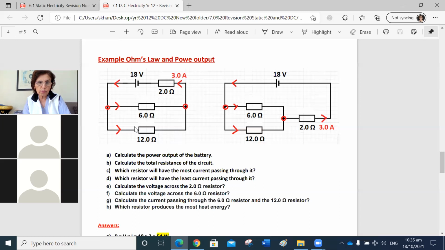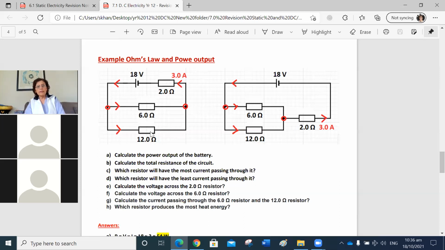So these two will be receiving 12 because the voltage is the same. So 12 volts across here and 12 volts across here. And 12 divided by 6 makes 2 amp current, and 12 divided by 12 gives 1 amp current. So 3 amps will be dividing: 2 amp goes through here and 1 amp goes through here.